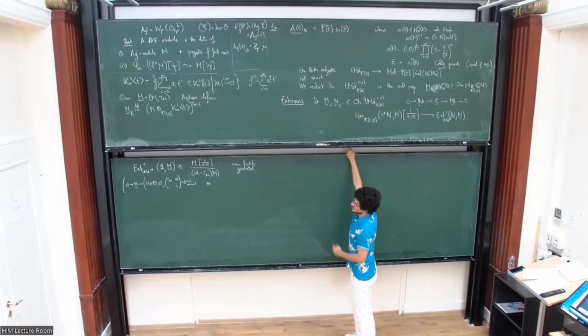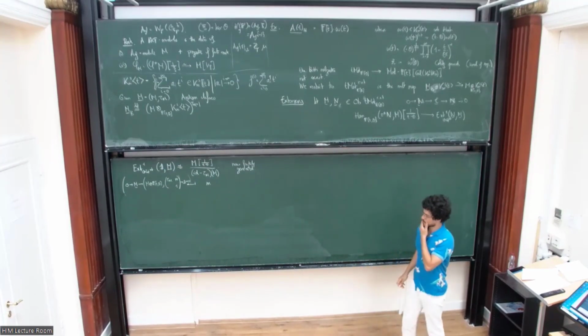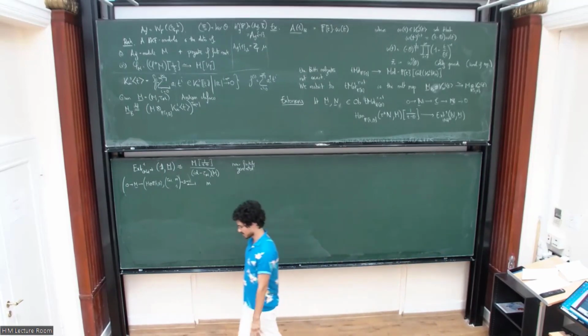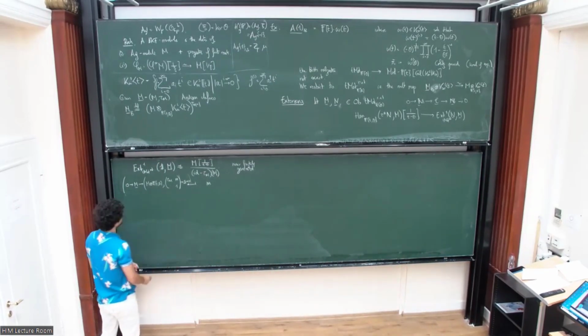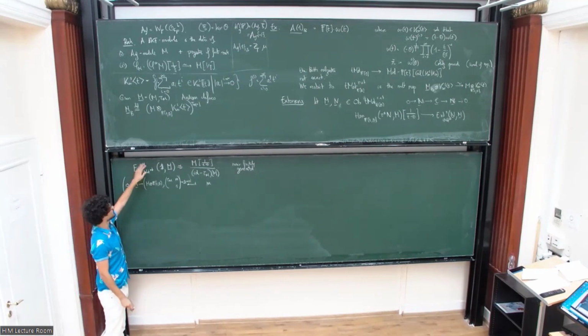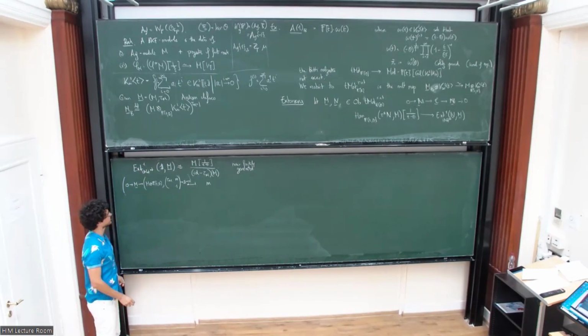So we have to find complementary conditions to at least consider a submodule of that thing which is finitely generated.